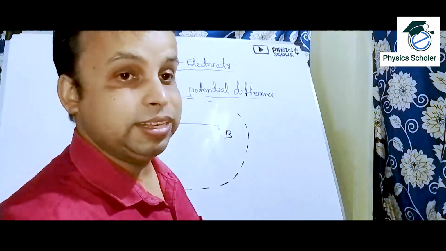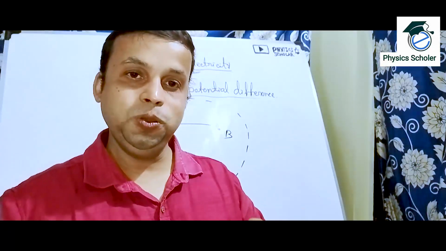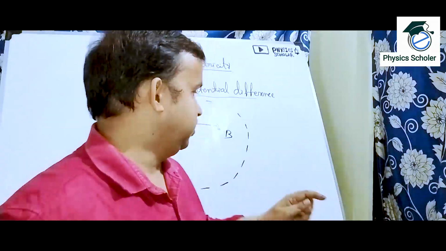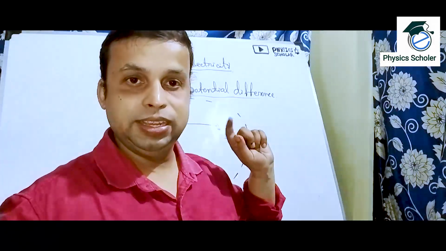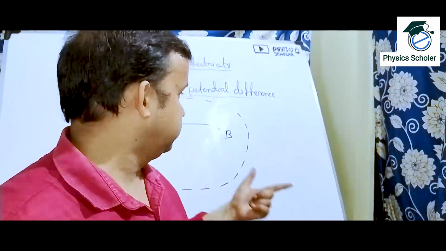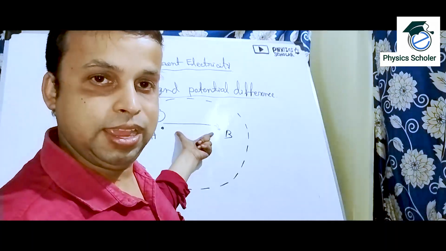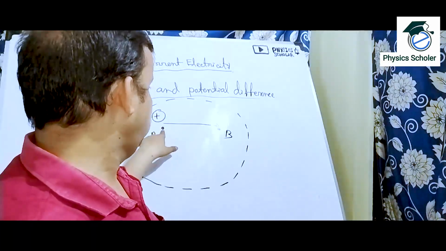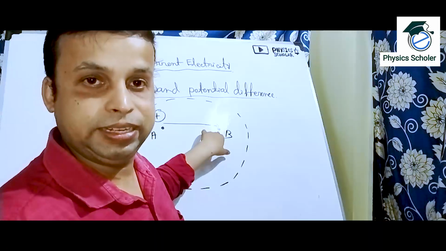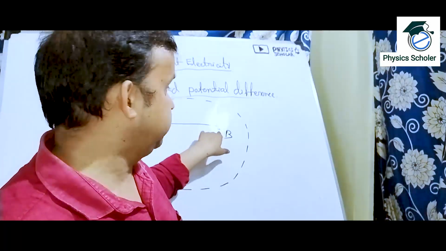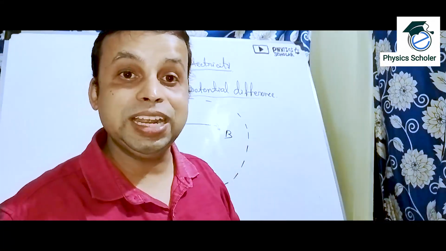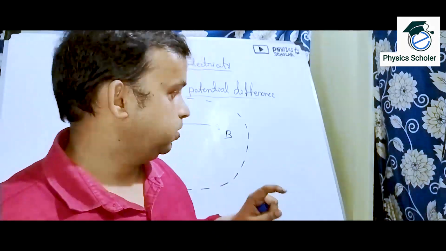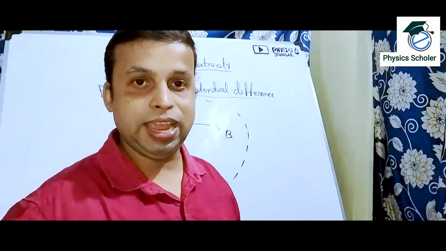The amount of work done to bring a unit positive charge from one point to another point inside the electric field is known as the potential difference between these 2 points. Clear? So this is the potential and potential difference.